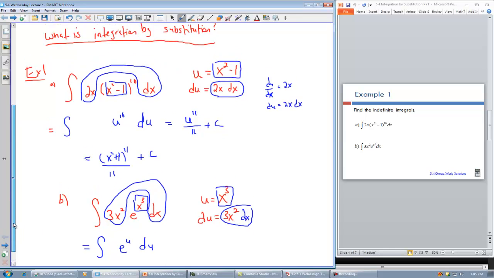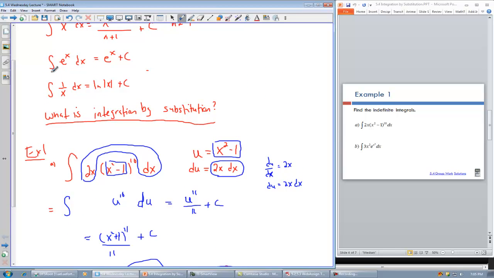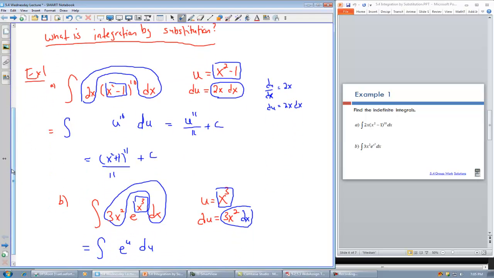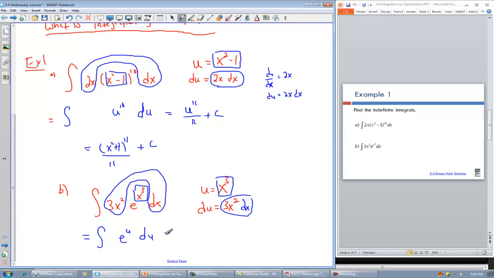And this, again, is one of my 4 types. It looks just like this. If I don't have to write an x here, this could be a u. It's the same thing. So the integral of e to the u du is just equal to e to the u plus c.